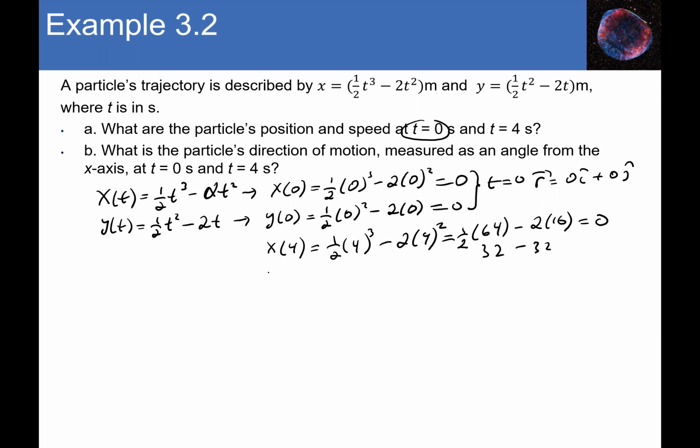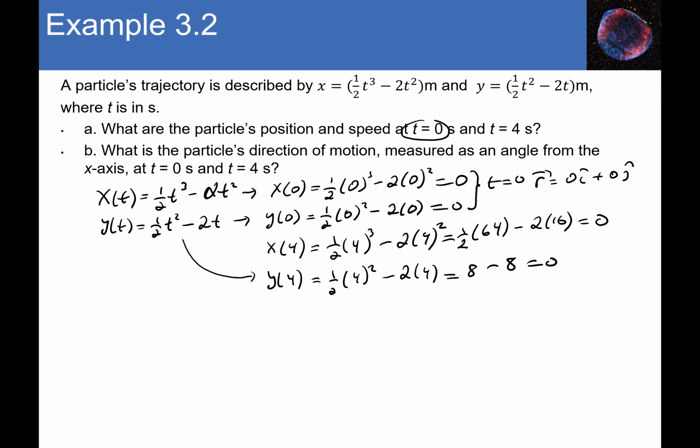Then y at 4 seconds is 1/2 times 4 squared minus 2 times 4. 4 squared is 16, half of it is 8, minus 2 times 4 is 8.